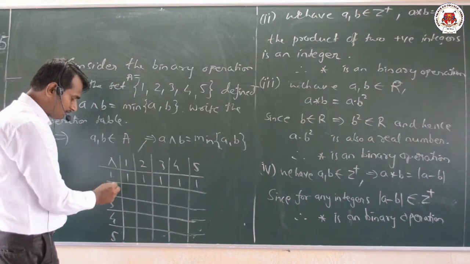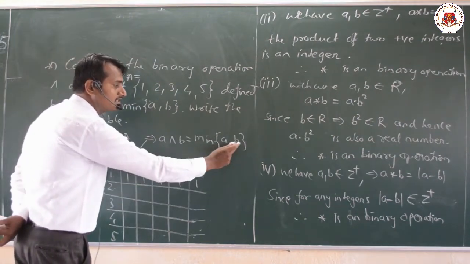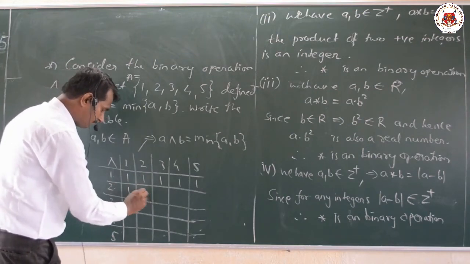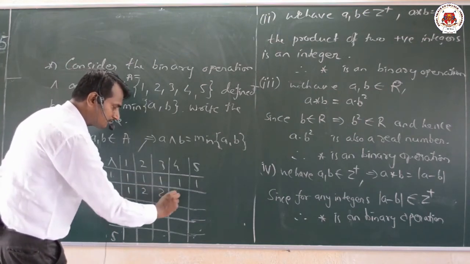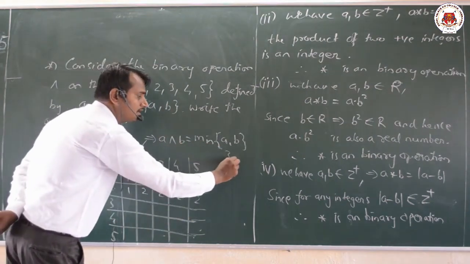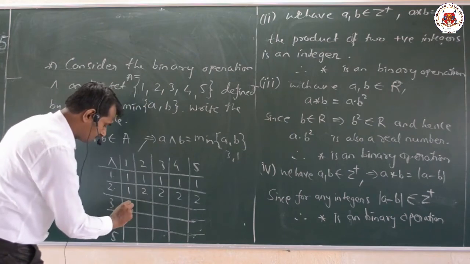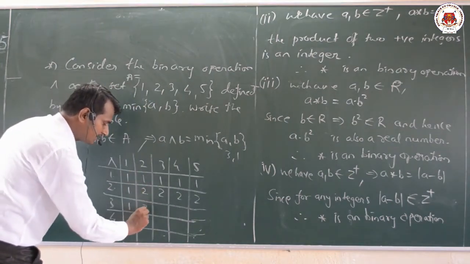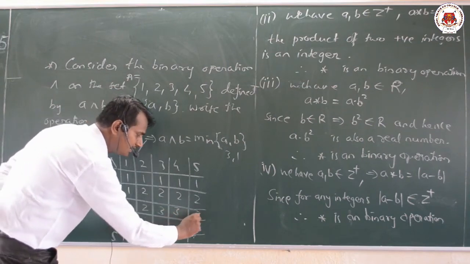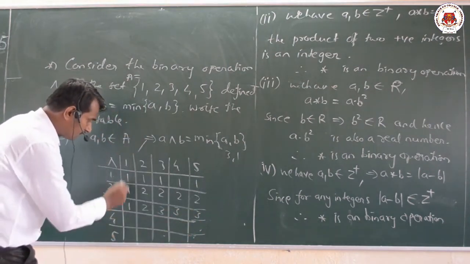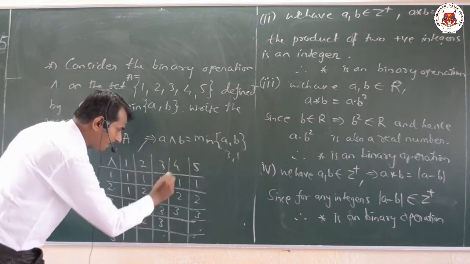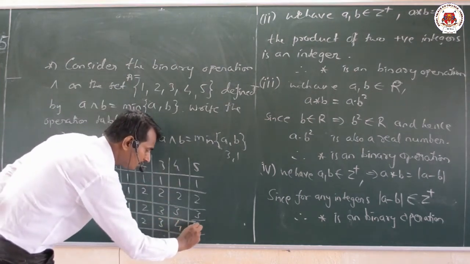Similarly 2 comma 1, the minimum is 1. 2 comma 2 will be 2, 2 comma 3 will be 2, and similarly 3 comma 1, the minimum is 1 only. 3 comma 2 is 2, 3 comma 3 is 3, 3 comma 4 is 3, and here also 3. Similarly 4 comma 1 is 1, 4 comma 2 is 2, 4 comma 3 is 3, 4 comma 4 is 4, and 4 comma 5 is 4.